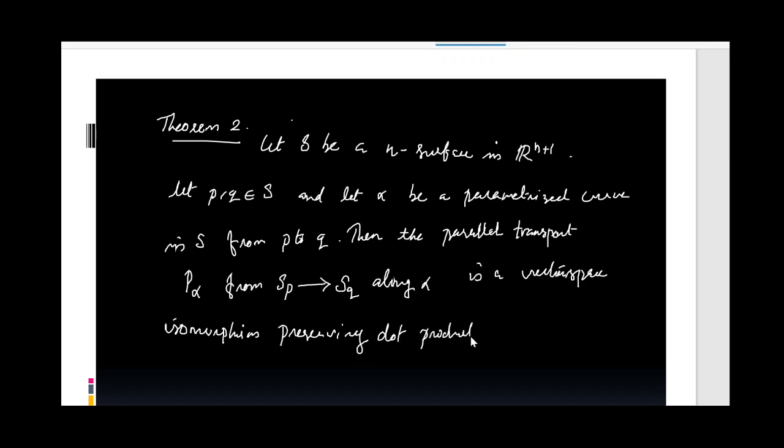So this theorem means that if S is an n-surface in R^(n+1), P, Q belong to S, and alpha is a parameterized curve in S from P to Q, then the parallel transport P alpha from S_P to S_Q along alpha is a vector space isomorphism preserving dot product.